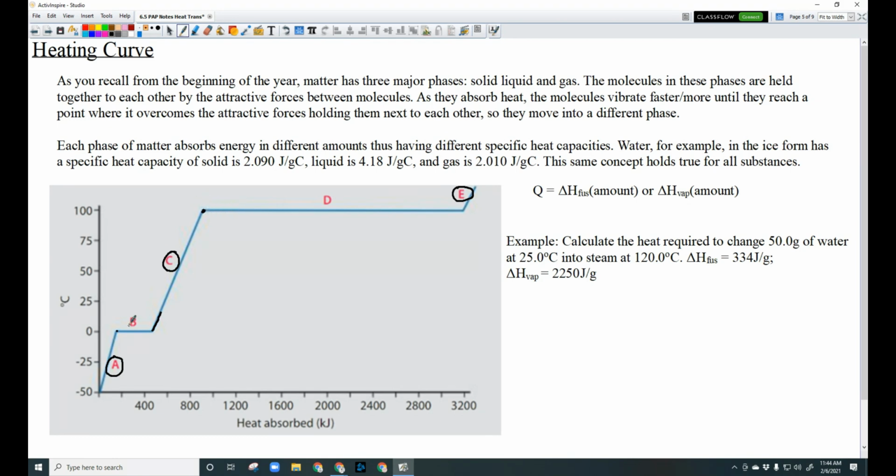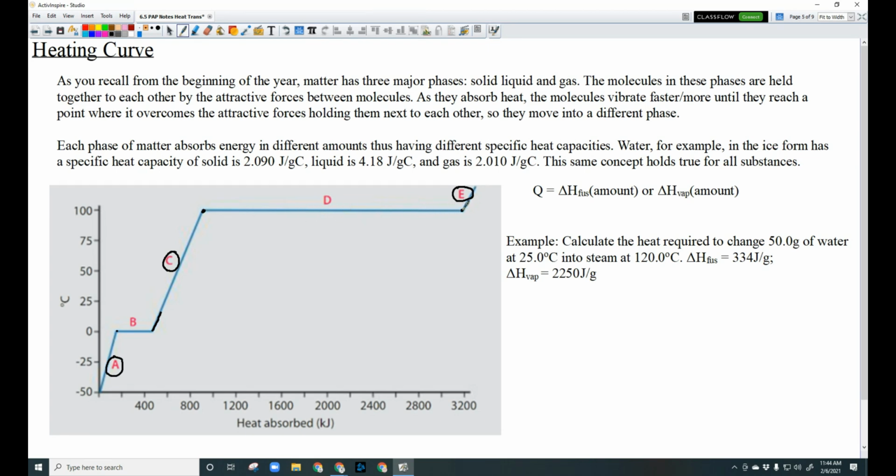When it hits this point, the temperature stops changing, again for the same reason: the energy we're putting in now is going to break the intermolecular bonds in the liquid so that these molecules can move freely as a gas. So this flat phase is when it's changing from liquid to gas.